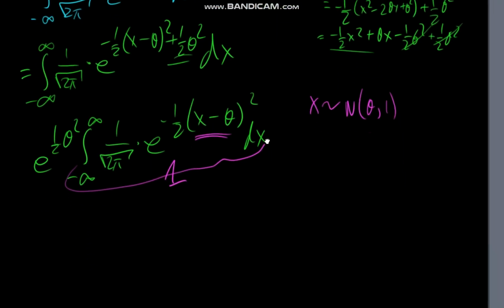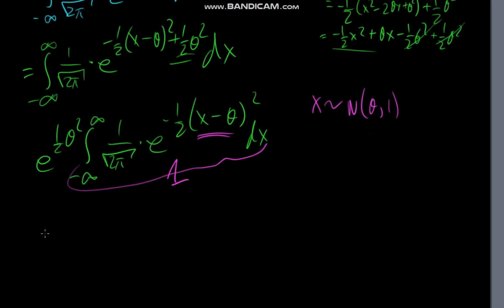So this is basically 1, and we have e to the 1/2 theta squared times 1, which is e to the 1/2 theta squared.